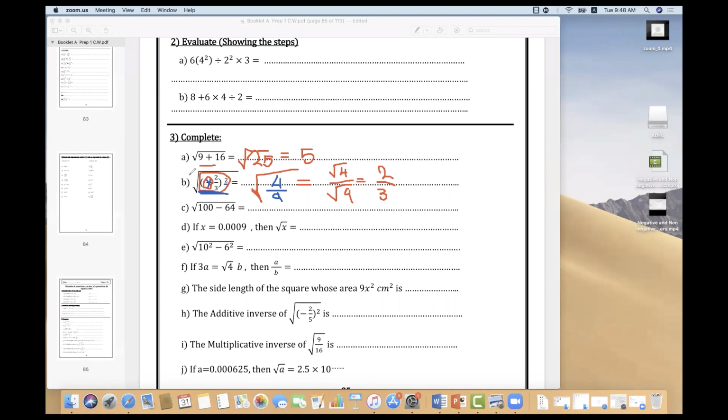Do I have to say root 4 over root 9? No, you can solve it from here. This point is most important. After that, you can get the result directly.